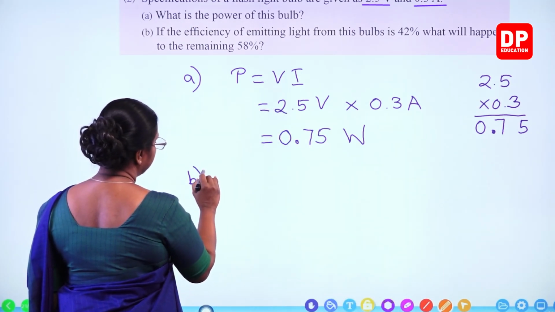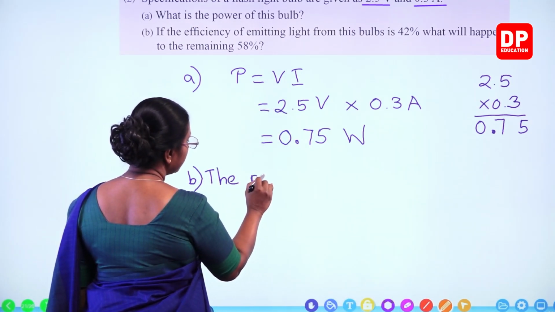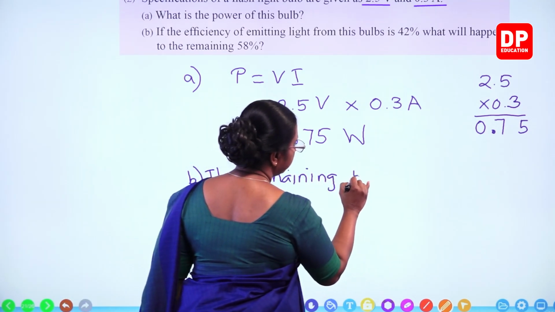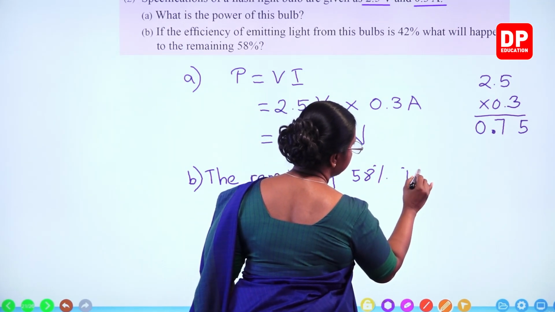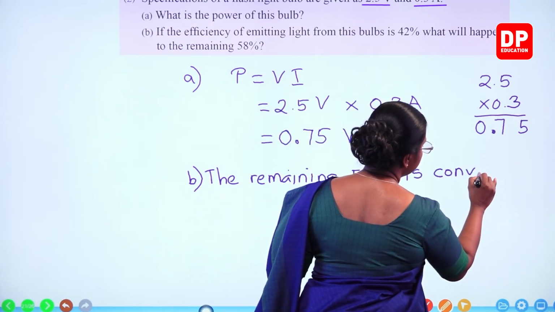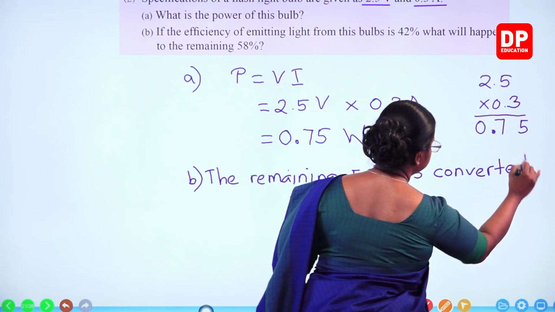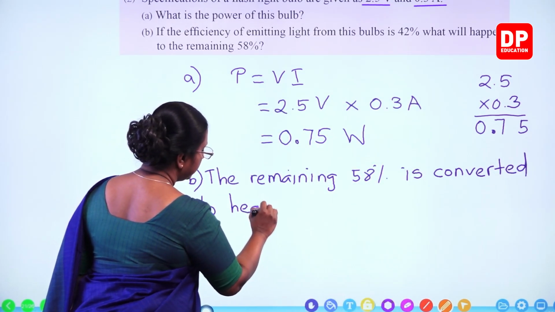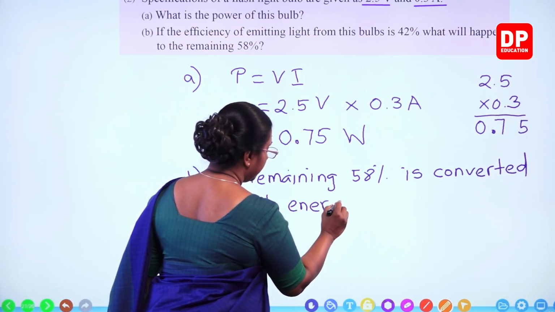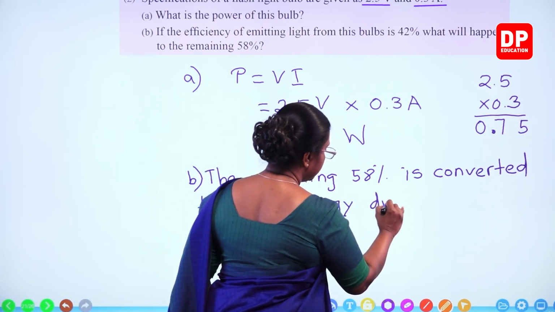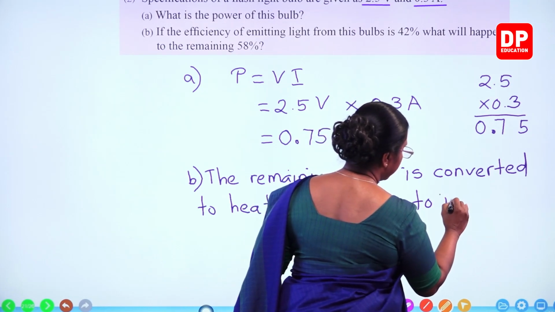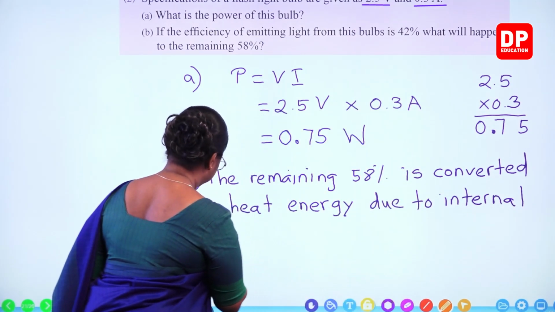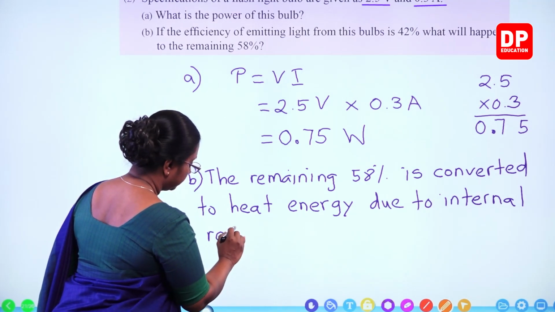B part, the remaining 58% is converted to heat energy due to internal resistance.